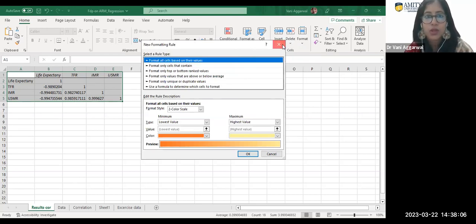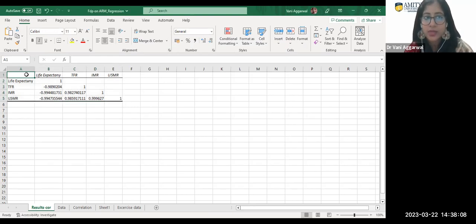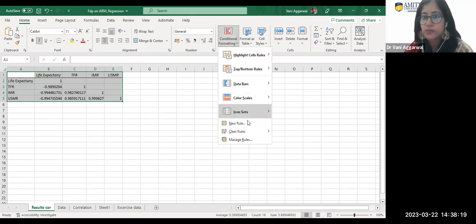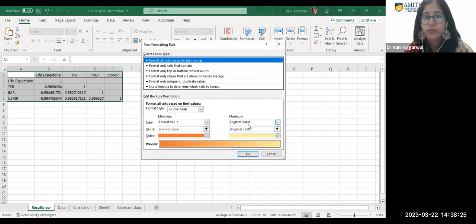First select this, because if you don't select it, it will not work. Go to home, go to conditional formatting, go to new rule.